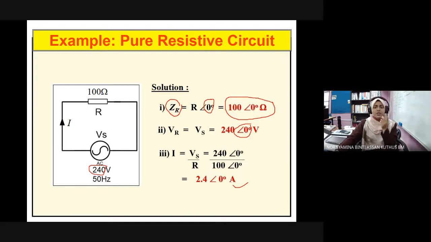Impedance itu adalah value yang sama dengan awak punya value resistance. Ingat R value is equals to ZR. Tetapi R kalau kita tulis R sahaja, kita akan tulis 100. Oh betul, tetapi R di dalam impedance itu adalah dalam bentuk ini. This is how this is ZR. Oh sorry lah tulis guna mouse. Okay.